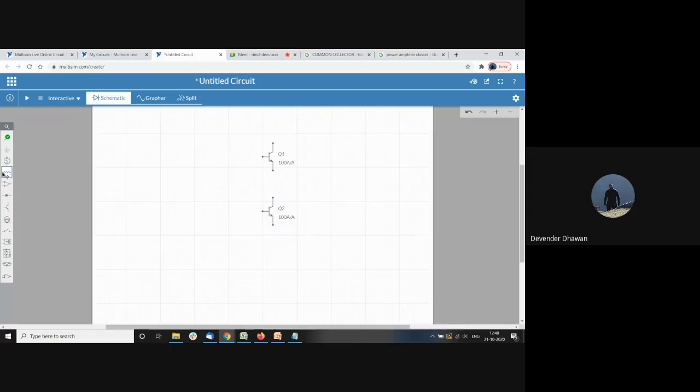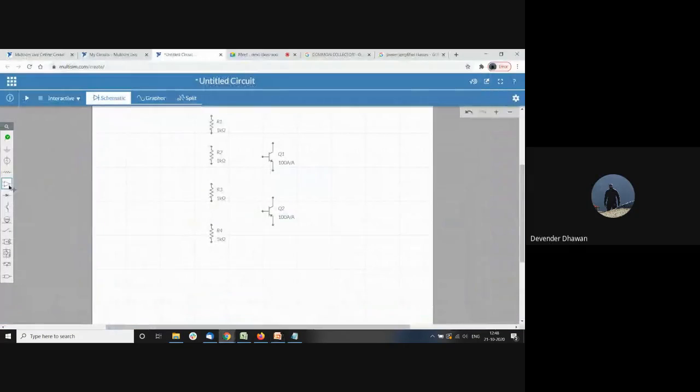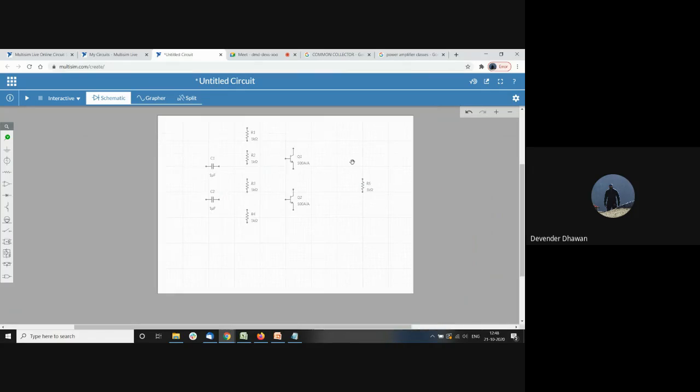Then we need four resistors. Like this, we have four resistors. Then we have just two capacitors. Somewhat like this, and obviously we will need one more resistance as our load. This is our circuit.